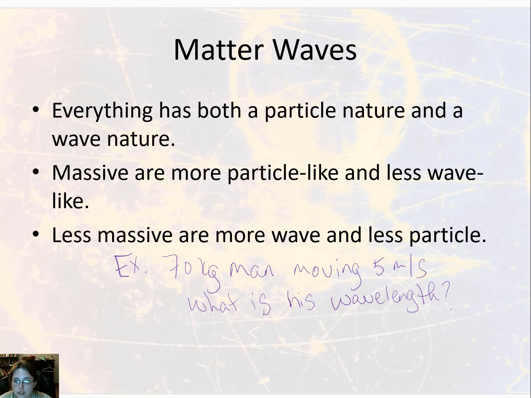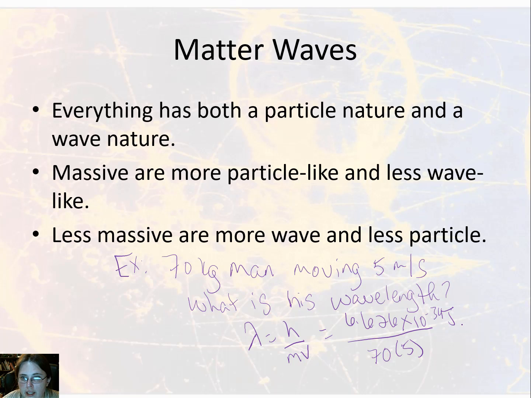Lambda is equal to h divided by mv. So it's just 6.626 times 10 to the minus 34 joule-seconds divided by 70 times 5. And it's 1.89 times 10 to the negative 36 meters.